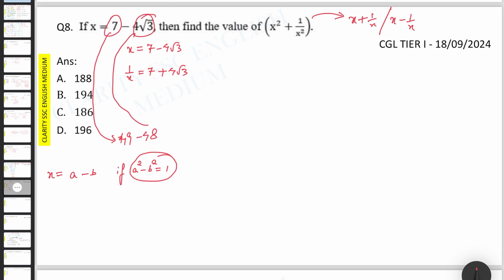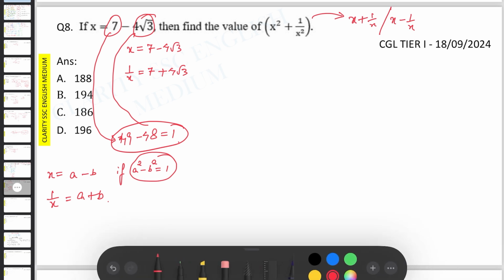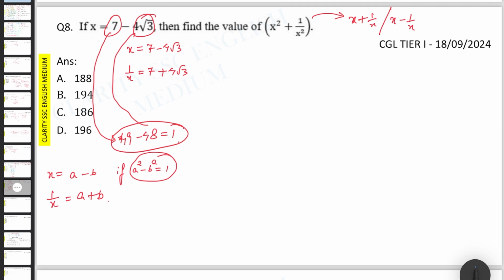By subtracting these two, we will get 1. Then 1 by x is equal to a plus b. We need to change the sign only. So from these two, x plus 1 by x is equal to 14 obviously.